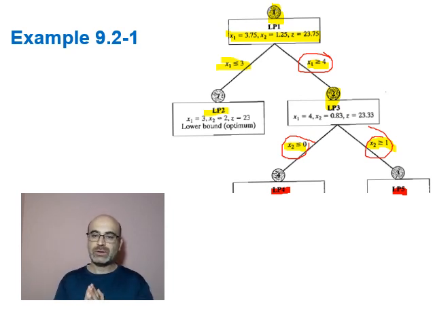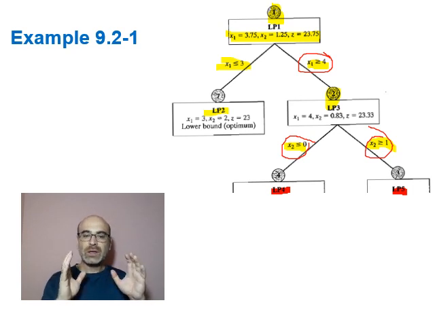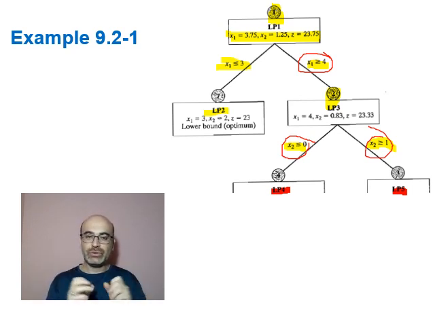For the algorithm to stop, all such nodes or branches must be fathomed. If there are some branches that are not fathomed, we cannot stop. We need to continue. Now we need to select one of these branches to continue, and let's select LP5.